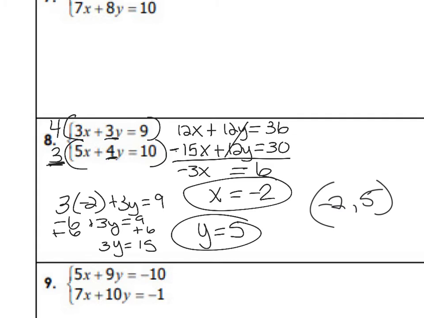And this one was 4, so I multiplied the other equation by 4. And when I do that, 3 times 4 is 12, 3 times 4 is 12, okay? So if you can't think of a common multiple that's smaller than that, then you're just going to multiply them with each other, okay?